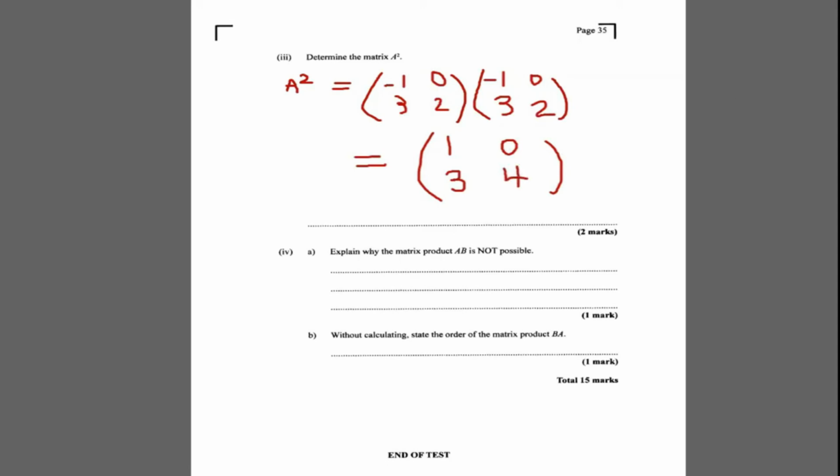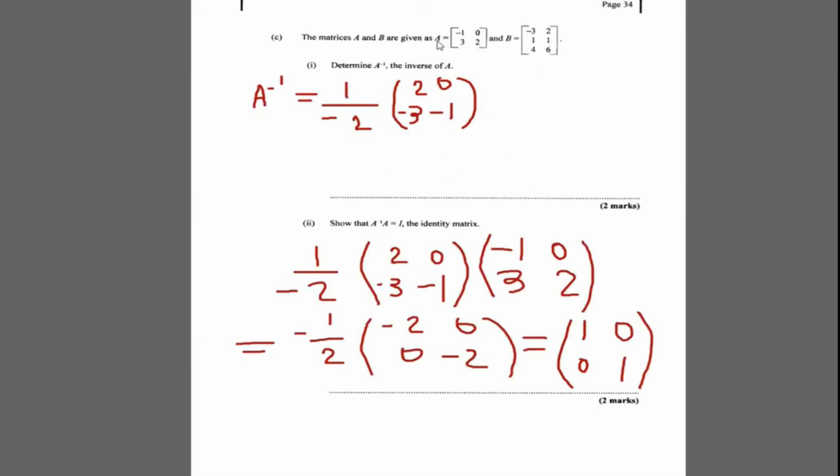Then it says explain why the matrix AB is not possible. Now A is a 2 by 2 matrix. Go write that down.